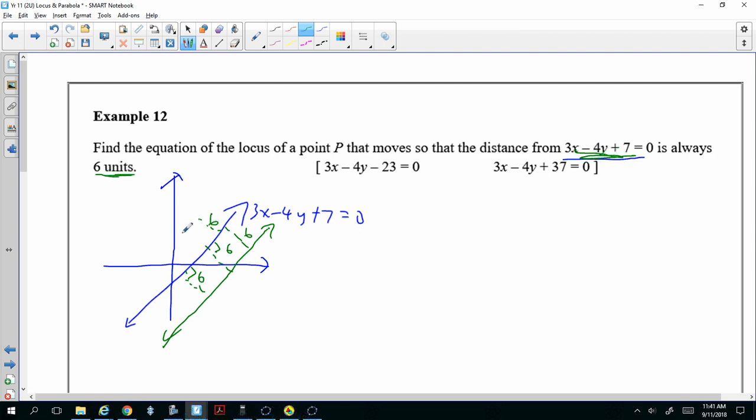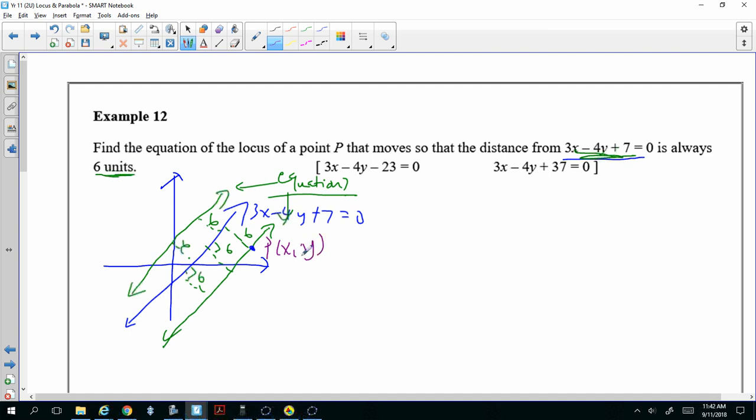So we have to use the perpendicular distance formula. So let this point be P. P is (x, y). We're going to measure the distance from P to this line, and the distance from P to the line is exactly 6.